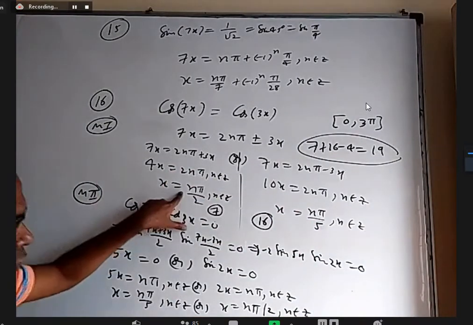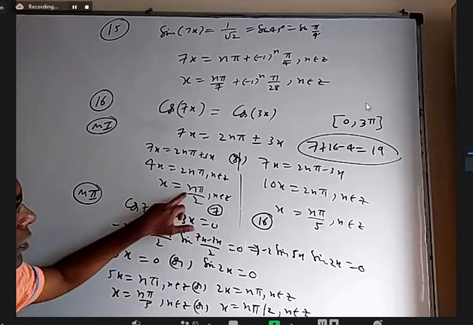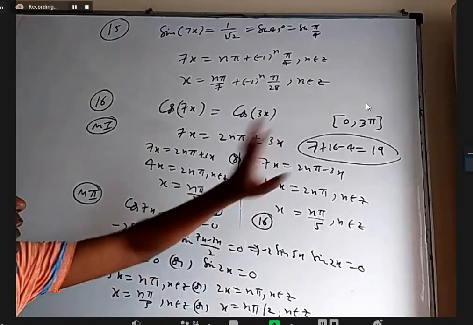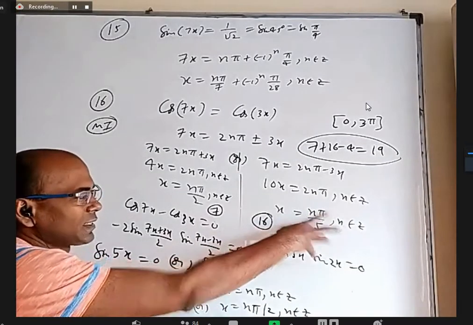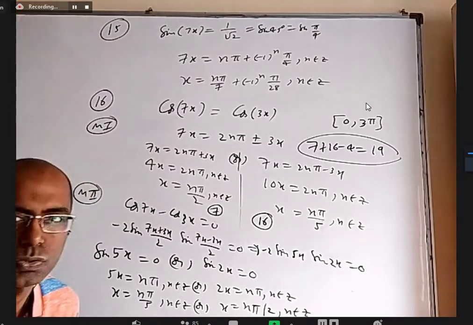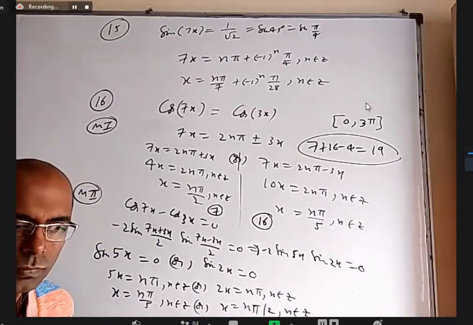When you take n equal to 4 here, n equal to 10 here, they'll give same answer. Here n equal to 6 and here n equal to 15, they'll give same answer. So they're counted twice. So sometimes the number of solutions is not just simply the sum of this case and this case. You have to see if any solution is repeated, then you have to subtract also. Is that okay? Yes, sir.